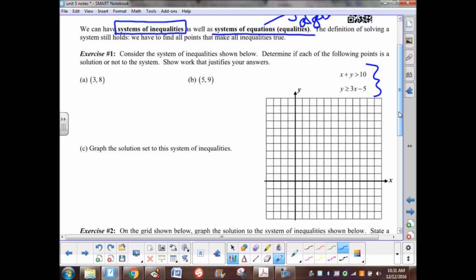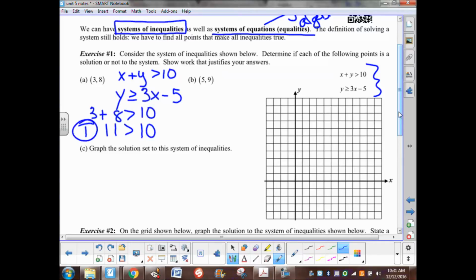So we're going to take the point (3, 8), and I'm going to see if it is true in both. For it to be a solution, remember it's that "and" situation, it's got to be true in both for it to be a solution to the entire system. So 3 plus 8, is that greater than 10? Is 11 greater than 10?